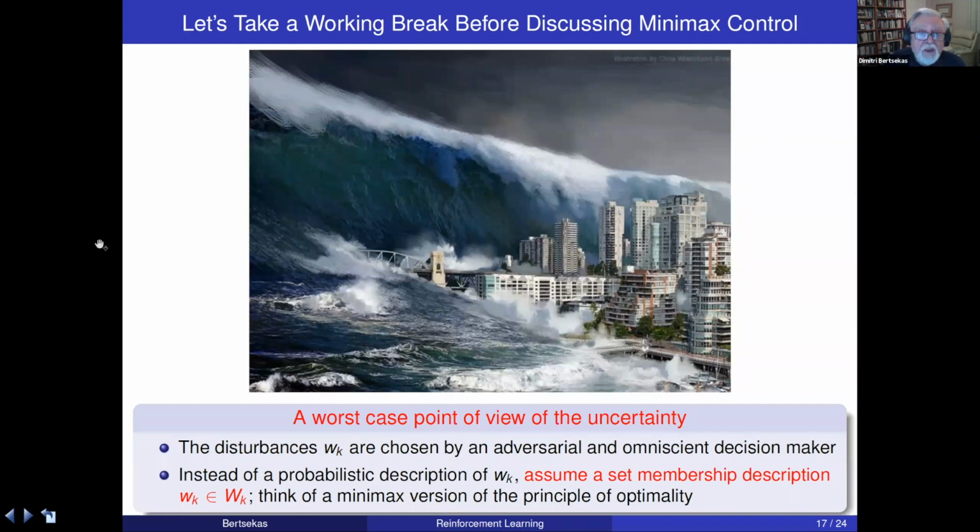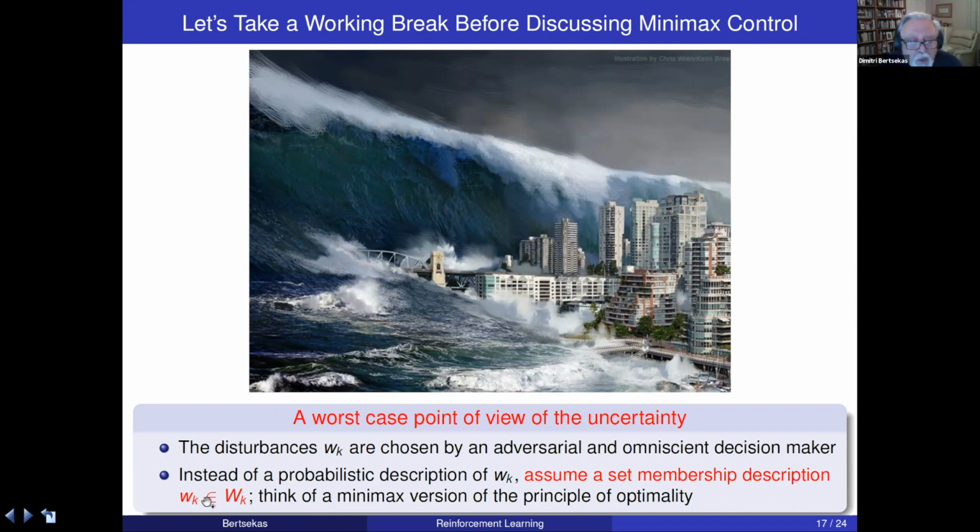So we'll take a 15-minute break, and what I'd like you to do is think about how you'd formulate this adversarial type of problem, where the disturbances do not have a probabilistic description, but instead they have a set membership description.